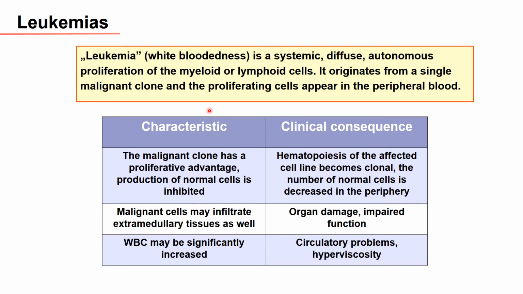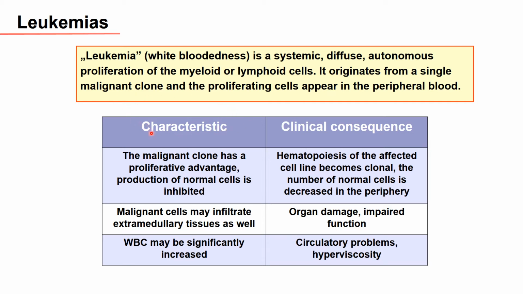This is why in the periphery, at first, you can have fewer white blood cells, because the clone doesn't alter the peripheral bloodstream but only stays in the bone marrow, while the healthy cells are fewer, so fewer cells get to the periphery. So at the beginning especially, we could have fewer white blood cells in the periphery.